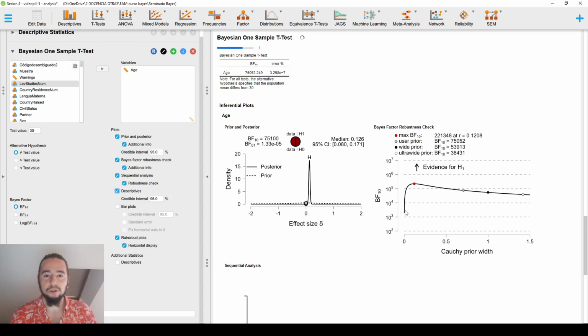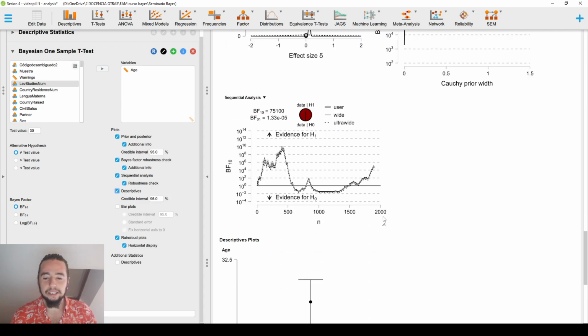So that's pretty strong support, and everything we can do in that direction, even with super non-informative priors, will be around 10,000 as a Bayes factor. So that's a very cool thing to have. This conclusion is very robust.